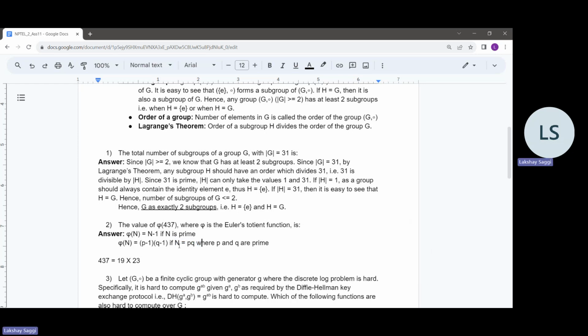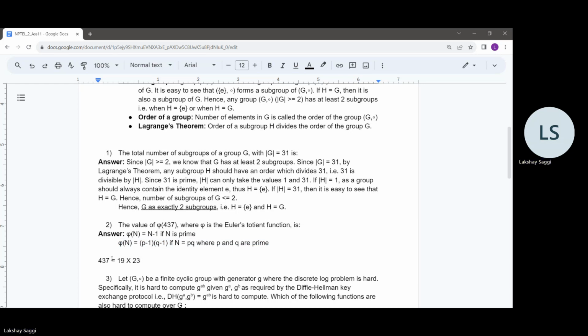For that also we can define the function, but we'll not get into that. Even though it's easy, we'll stick to these two cases, where n is prime or n is equal to p times q.